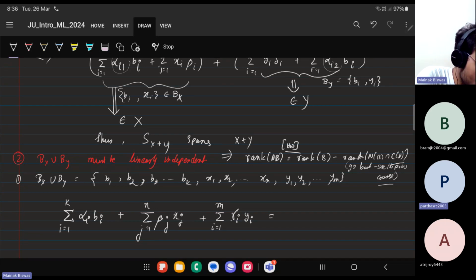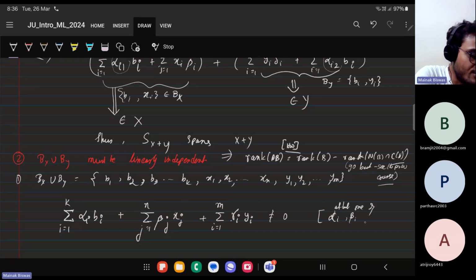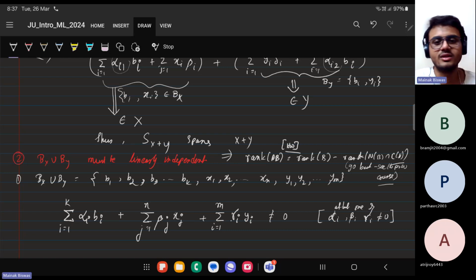Now, what will it be for independence? It will be equal to 0 only when the coefficients are 0. Exactly. It is not equal to 0 if at least one of alpha i, beta i, gamma i is not equal to 0, right?